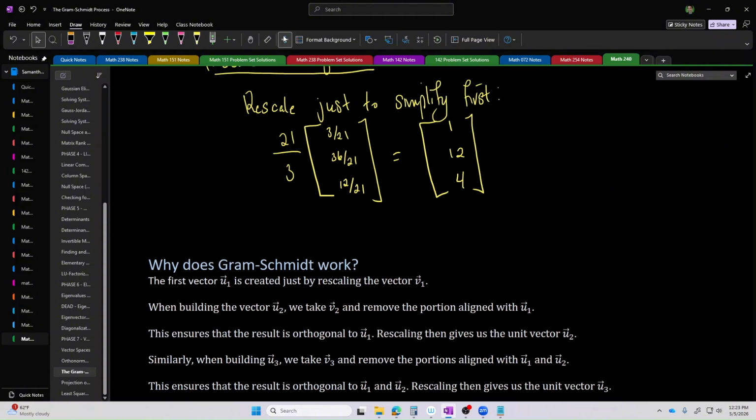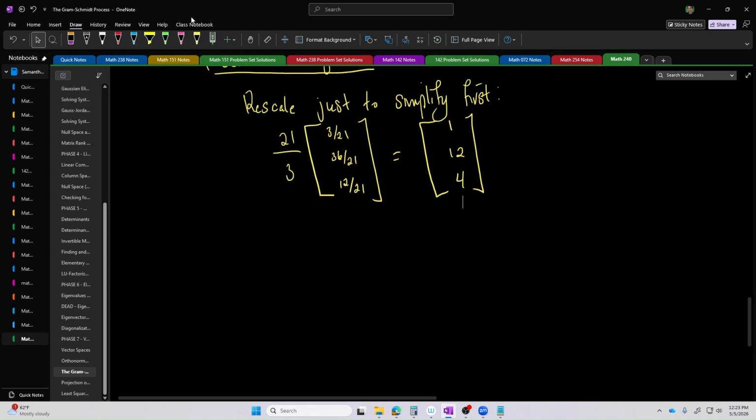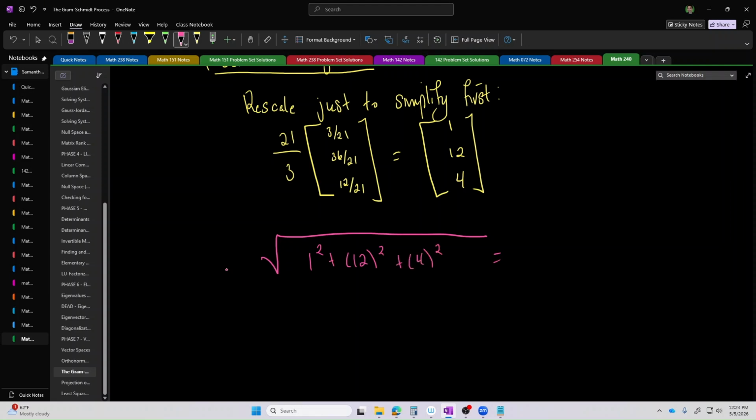And then I'm going to turn this vector into length 1 by dividing out whatever length it has right now. So the square root of 1 squared plus 12 squared plus 4 squared would be the square root of 1 plus 144 plus 16. So that's the square root of 161, if I've got that right.